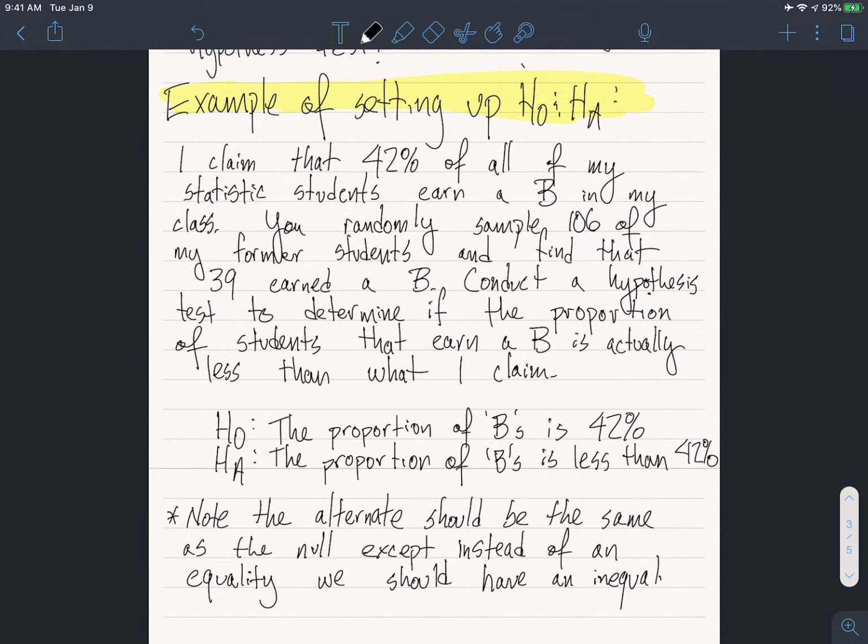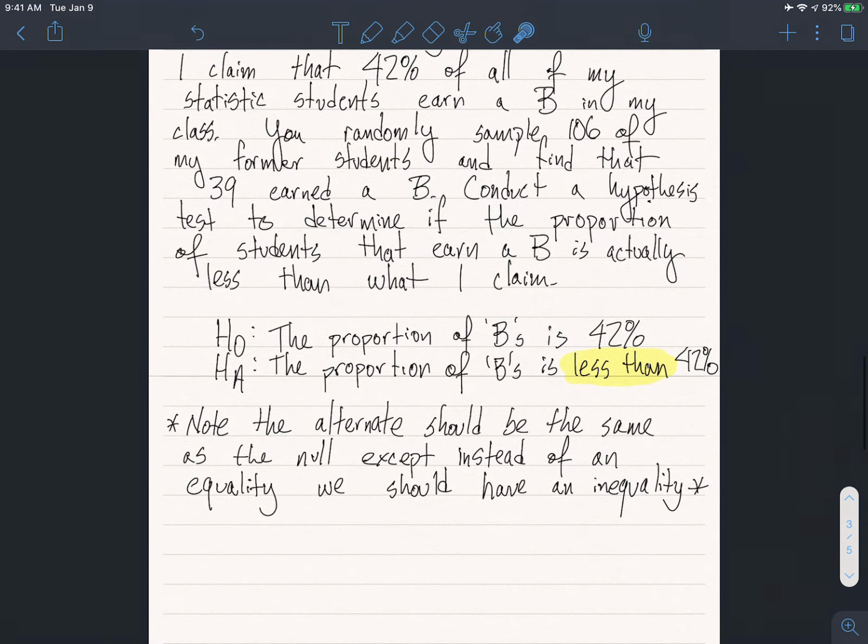The two statements should be the exact same statement, except for this part right here, which makes sense. The null hypothesis is the claim. I claimed 42%. And the alternate, you're thinking, oh, well, it might be actually less than 42%. And in some problems, you're going to think greater than, and some you're going to just say not equal to.